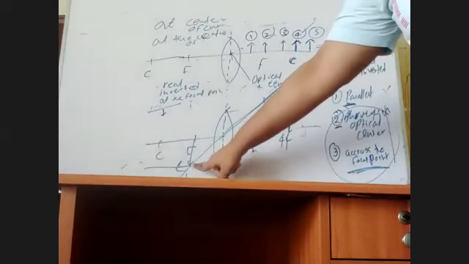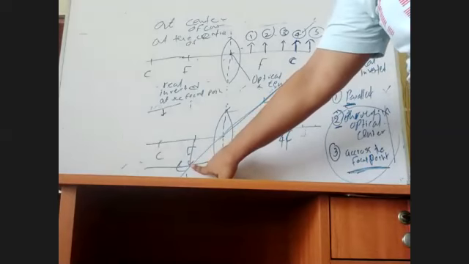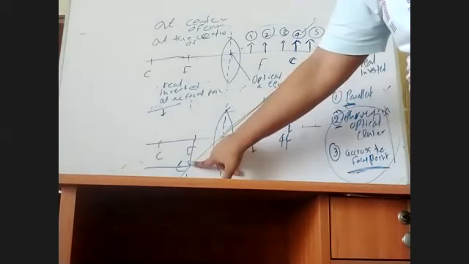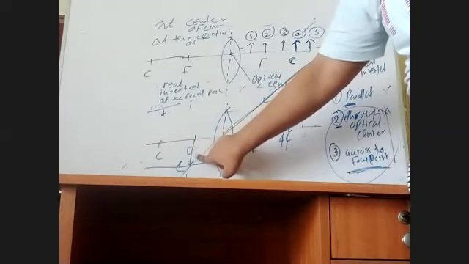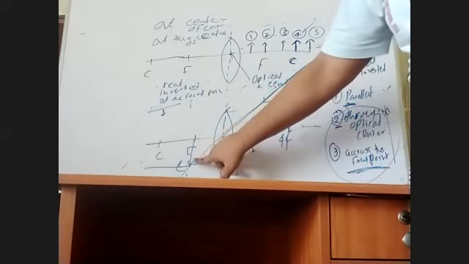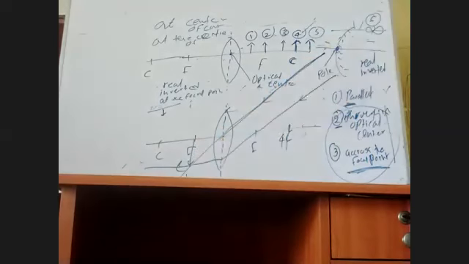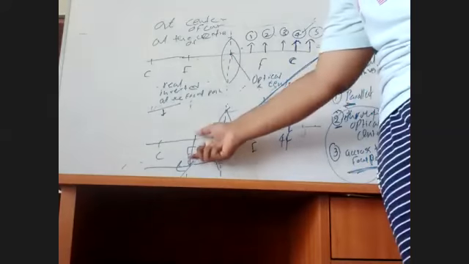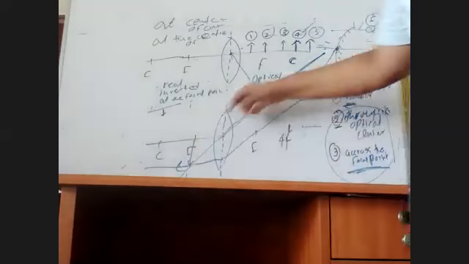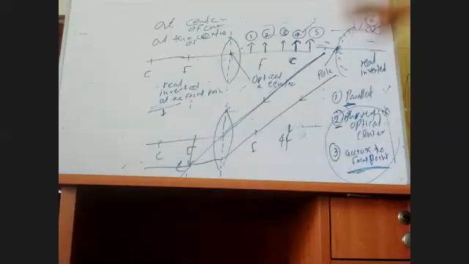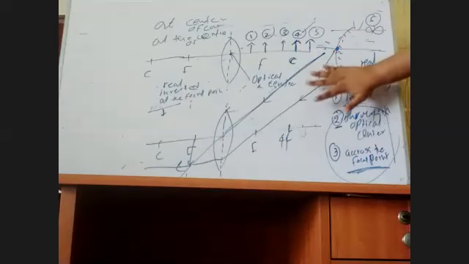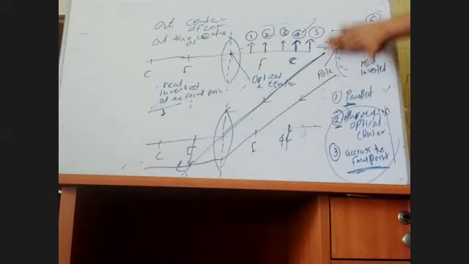Then these two lines meet at a point like this, definitely at the focal point. The image is inverted. Now you can see the image. Its size is comparatively very small compared to the object, because the object must be much taller, like 10 meters or 5 meters.